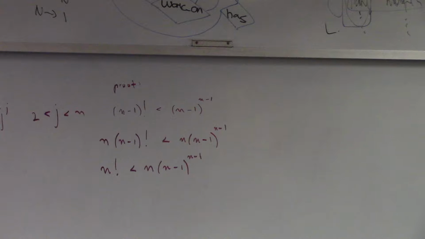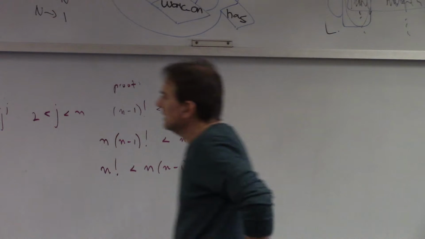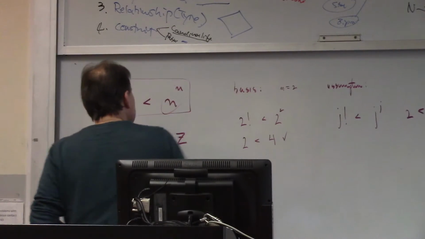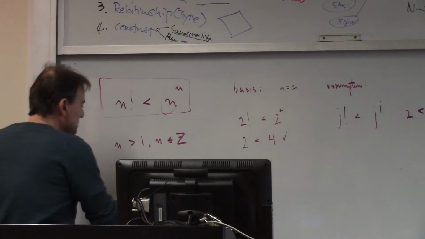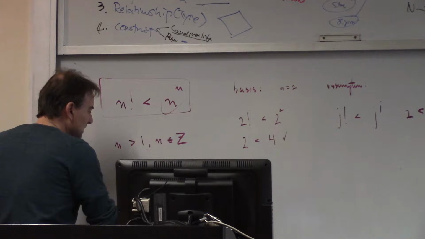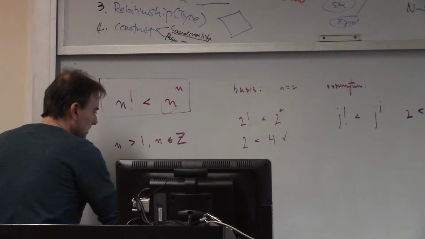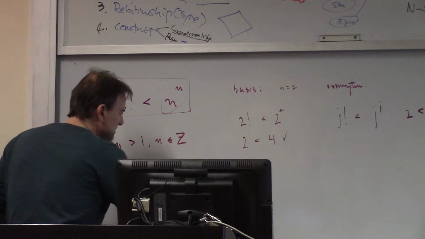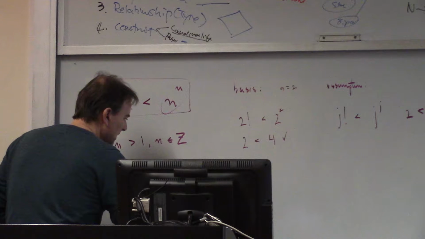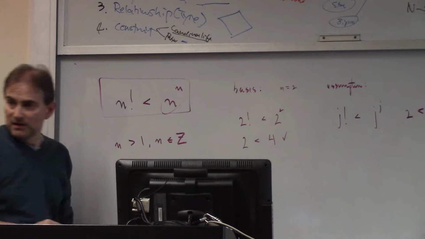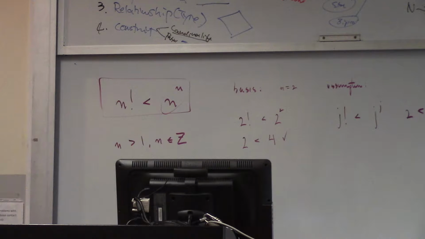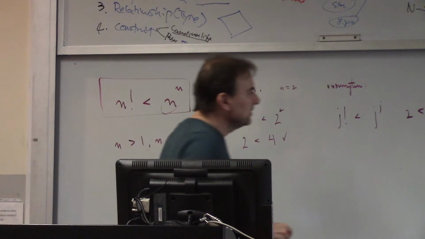Well, I look over here and think about what this thing is. Look at the right side. The right side is n to the nth power. That means you're going to multiply n by itself how many times? N times. So I have n factors of n. And what do I have on the right side here?